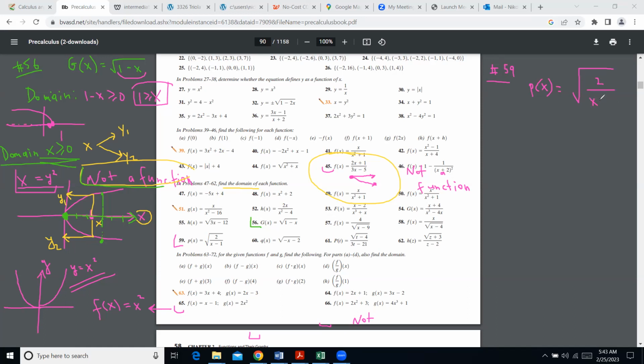So this is exercise 59 that also asks to find the domain. And here, I already see that we have a square root extracted from 2 over x minus 1, which is supposed to be greater than or equal to 0 because of the same idea that we just encountered in the previous case, right?